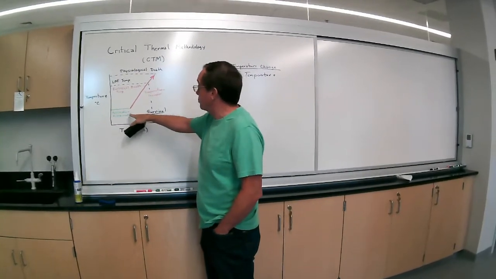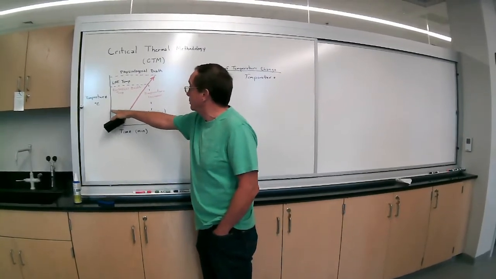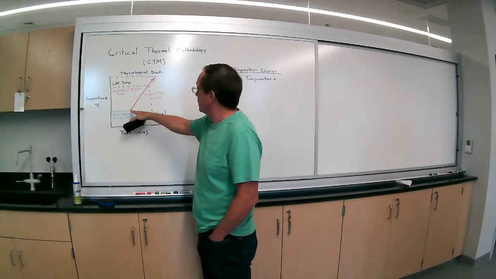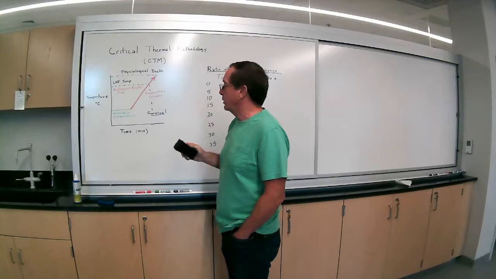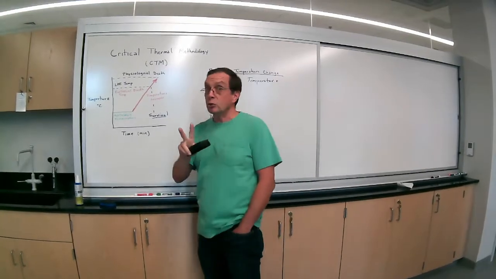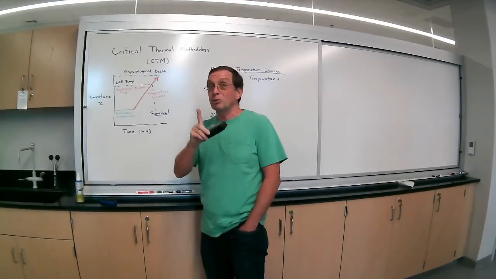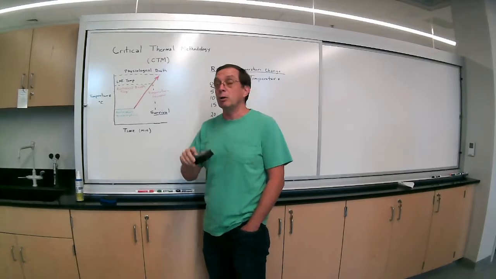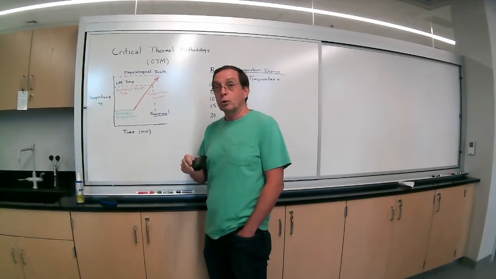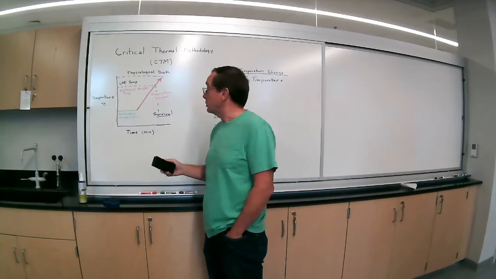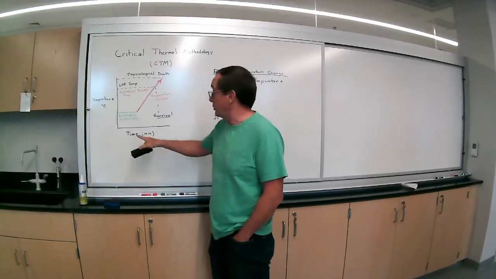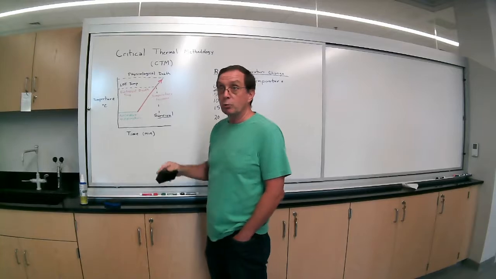The acclimation temperature is here on the temperature axis, and at some point we begin to increase the temperature. Now, we've got two things going on here. Ordinarily, in a good experiment, you have just one factor being changed, and all the rest remain constant. In critical thermal maximum or minimum determinations, we have two factors: time is moving and the temperature is moving.